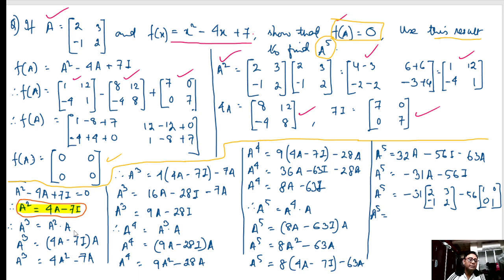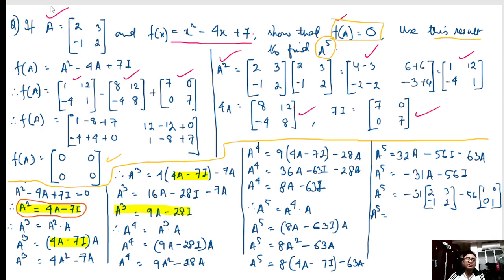A square into A. And as I told you, this is my A square, that into A. So what it has become? 4A square minus 7A. Correct? And again, in place of A square we have put 4A minus 7I. So it becomes 16A minus 28I minus 7A. So it becomes 9A minus 28I. So this is my A cube.